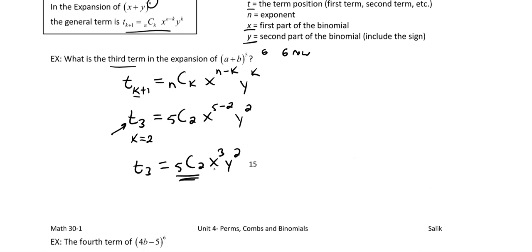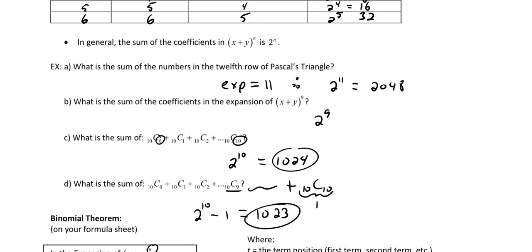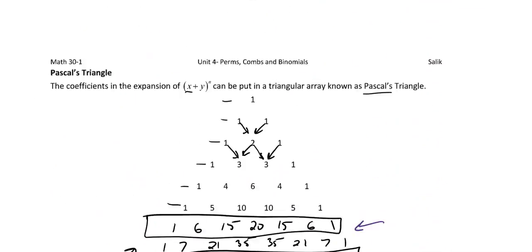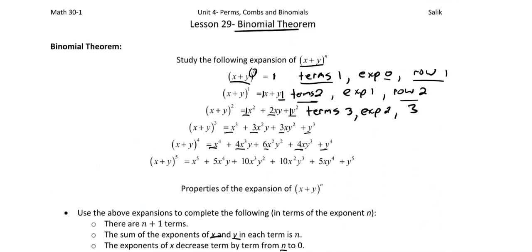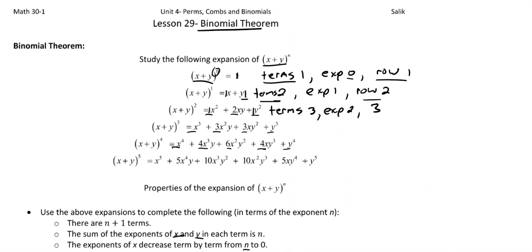And then our x to the 3, y to the 2. Well, that makes sense too, right? So if we're in our, let's go all the way back up to the beginning here. If we're in our 6th row, right? So this is like 1, 2, 3, 4, 5, 6. So we're in that row. We're in the 3rd term. Well, that's this, right?